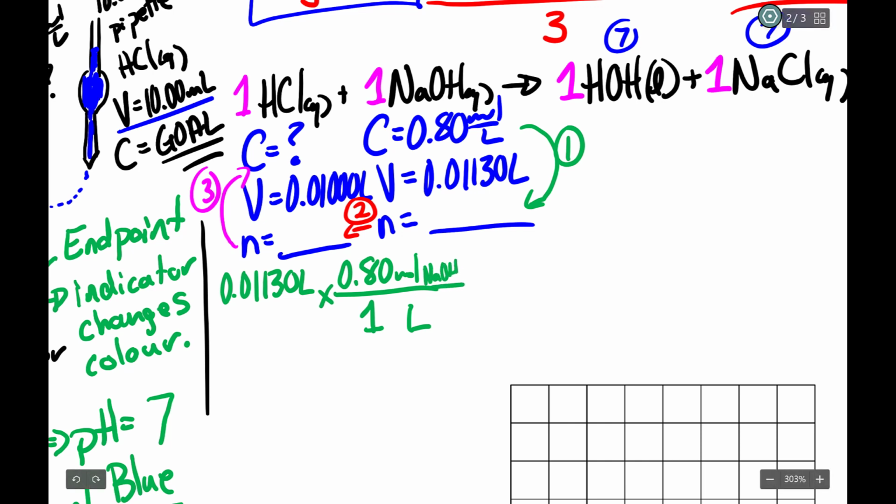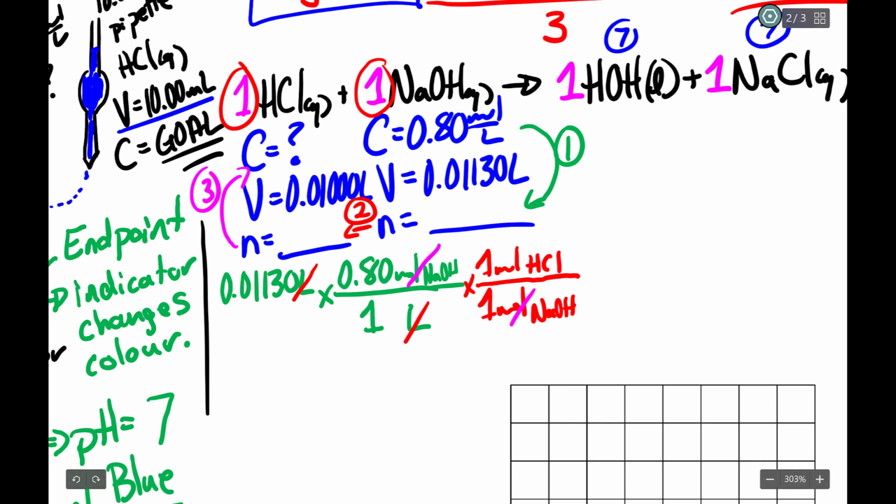Okay, so the liters cancels out with the liters. Now I need to do my mole-to-mole ratio, which is nice and easy. It's 1 to 1. So I got 1 mole of NaOH for every 1 mole of HCl. So the unit of the mole of NaOH will cancel.